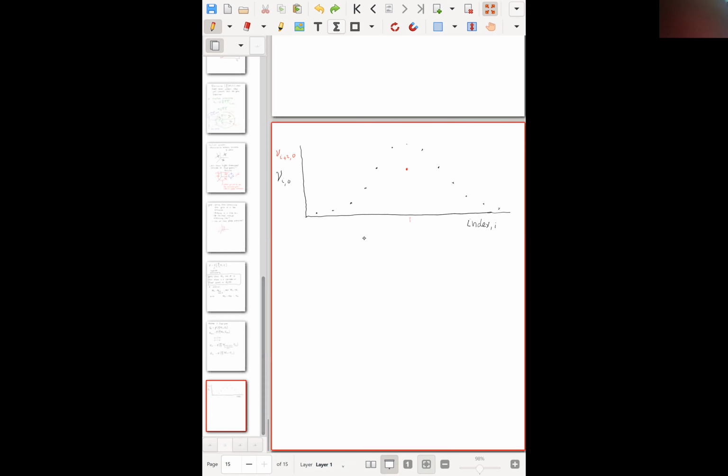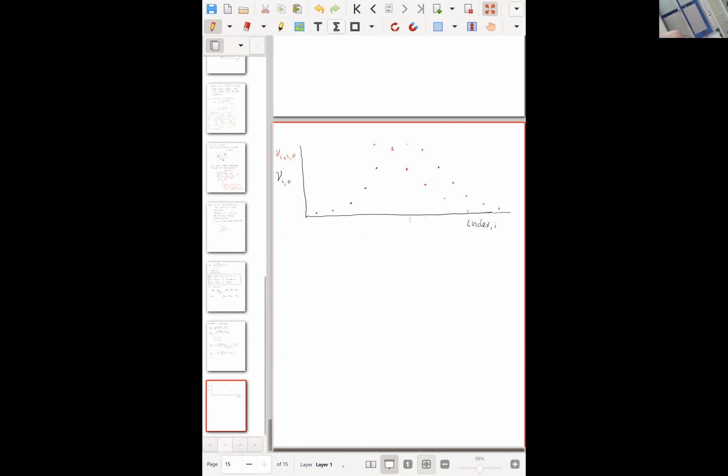And it keeps going down, and over here this one is the same as that one, and up here.